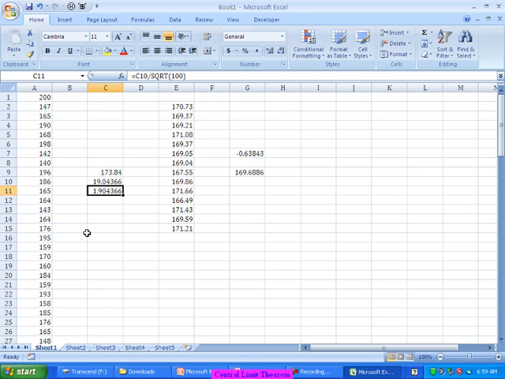Just by taking one sample of observation, one set of sample, you can very well do the prediction for the population mean in an effective manner.